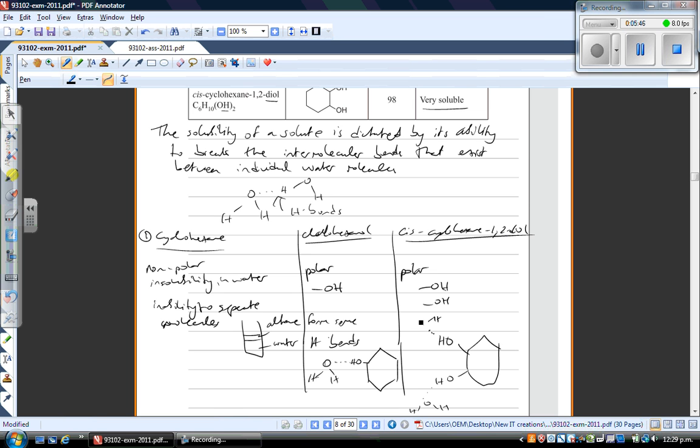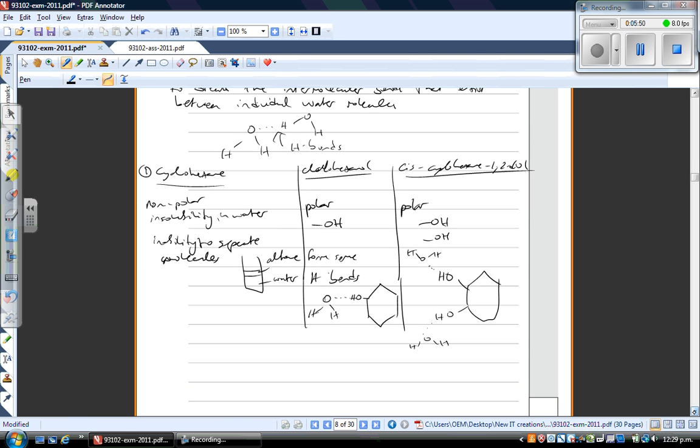The same concept here is key to explaining the melting point. So if we talk about melting point now, the bonding between individual cyclohexane molecules will be very weak intermolecular bonds. These are induced dipoles, also referred to as instantaneous dipoles.